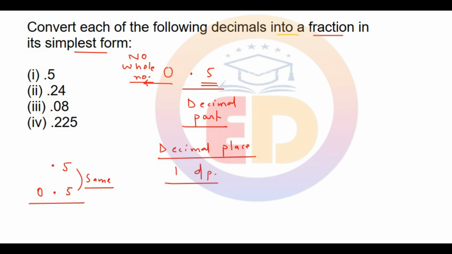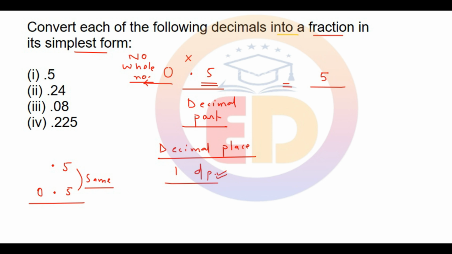And now friends, remember, if there is one decimal place, then first you remove the decimal. If I remove the decimal, this number will be only 5. Very important step. First you remove the decimal.